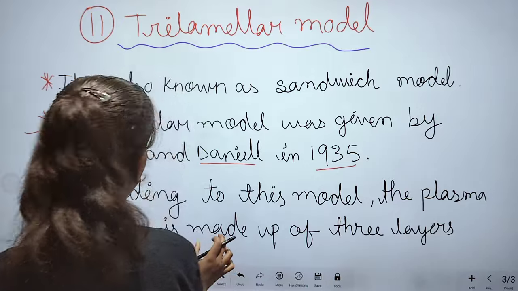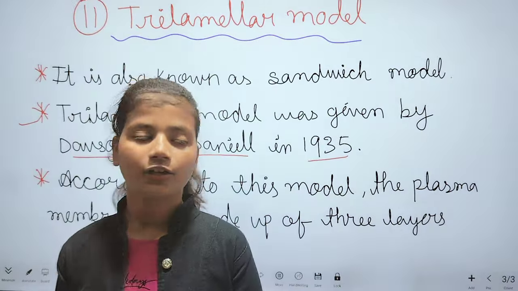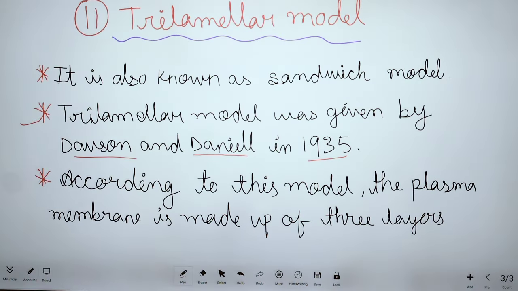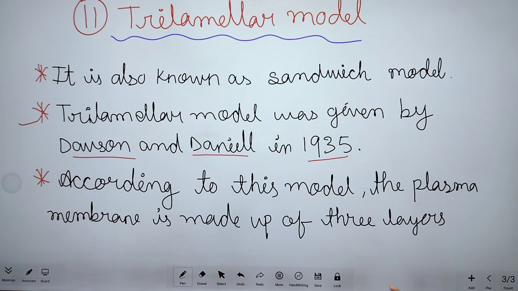Okay. According to the trilamellar model, the plasma membrane is made up of three layers.